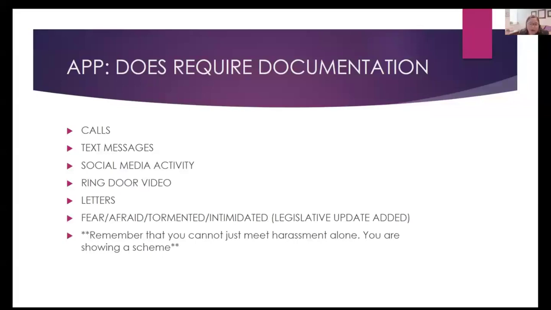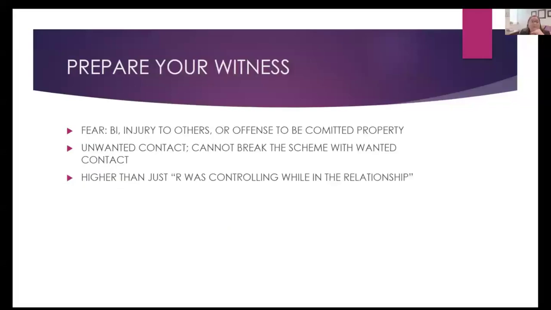It's not a requirement under any type of code, but in order to obtain them, you need this track or this log or this documentation of calls, text messages, social media activity. Do we have Ring door videos, letters? And remember that you cannot just meet harassment alone. You're showing this scheme.